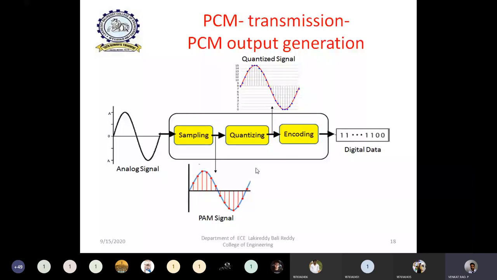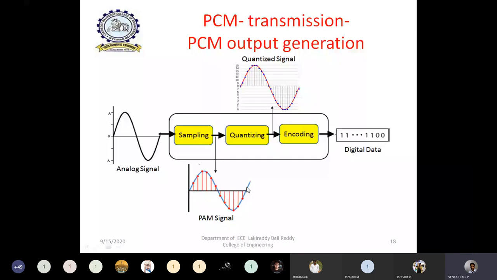In this diagram, you can clearly observe how the analog signal is converted into a digital signal, that is, in terms of binary ones and zeros. First, the analog signal is passed through sampling. Based on the sampling clock and the sampling rate used in the sampling process, we get this particular sampled output. This sampled output is sometimes called a PAM signal, pulse amplitude modulated signal.